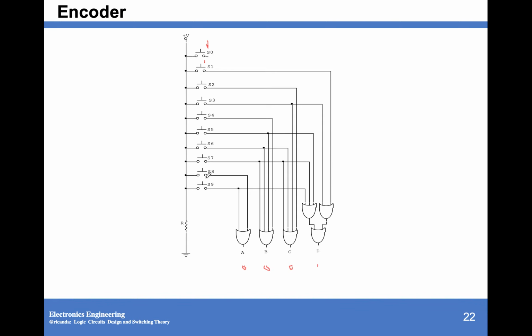If you press S9 to on, we have an output of 1, 0, 0, 1. Remember, if you press S0, this is 0, 0, 0, and 0. So that is what you call your encoder. From human readable data, it will be converted into binary data.